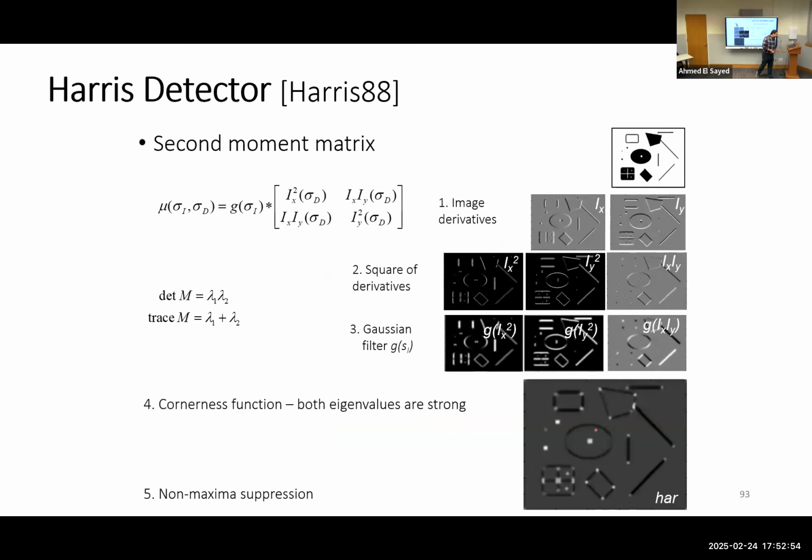So based on that, we can conclude the process of the corner detection as follows. First, I need to find the second moment matrix, which means the values of Ix and Iy, then calculate Ix squared, Iy squared, and Ix Iy for the whole entire image. That's what we call the second moment.